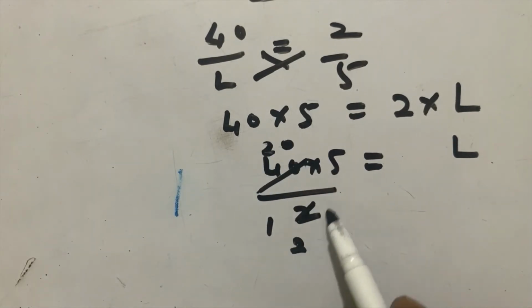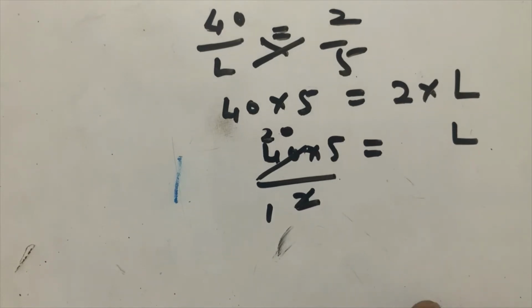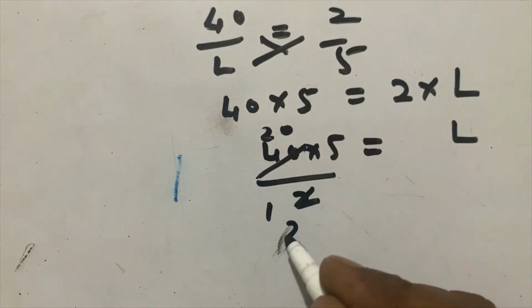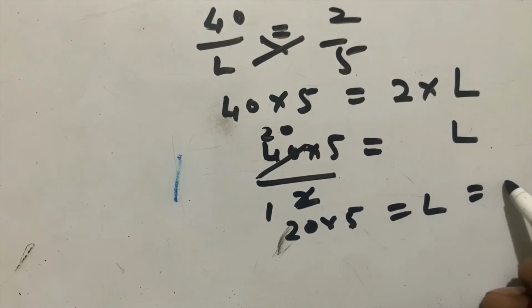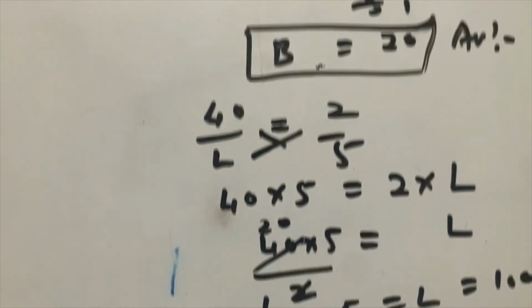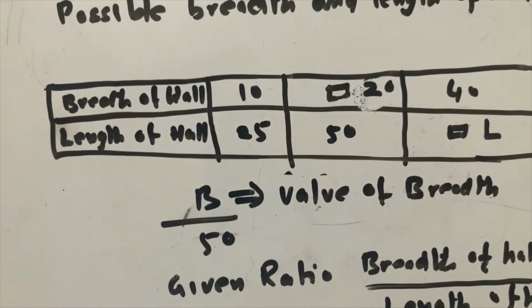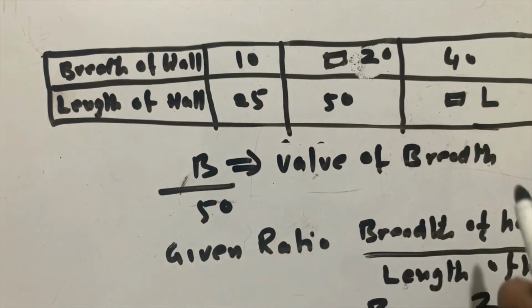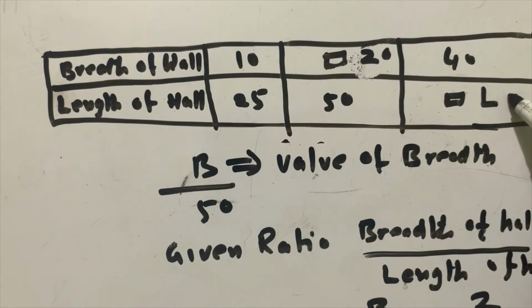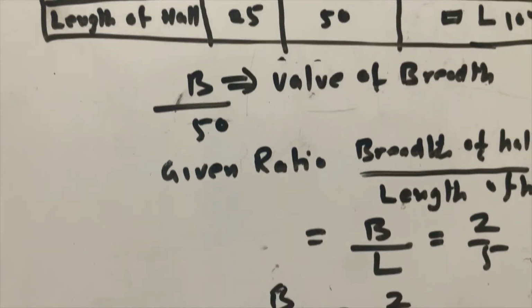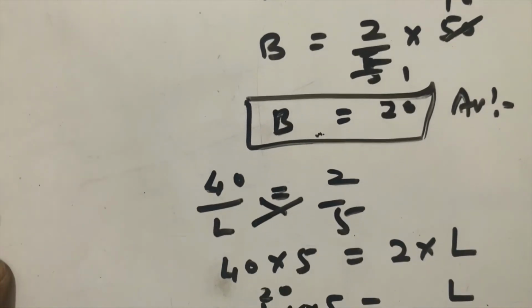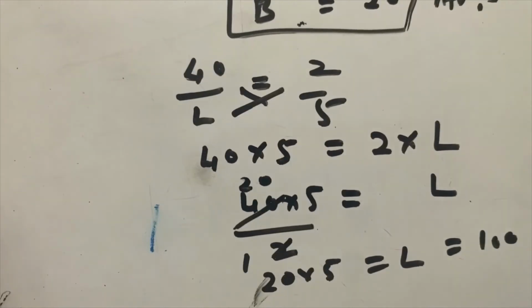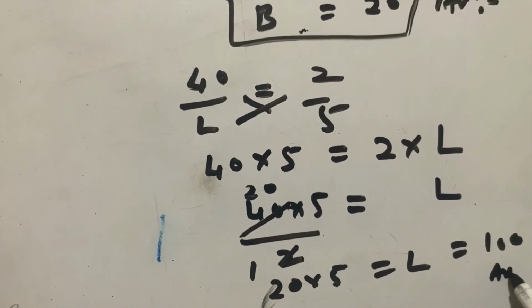So we got 20 into 5, which is 100. Hence this value is 100. This 100 is the answer.